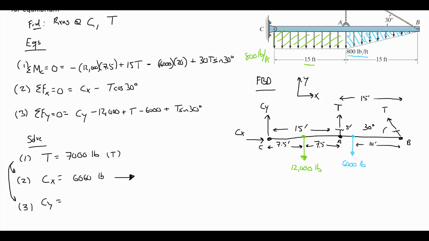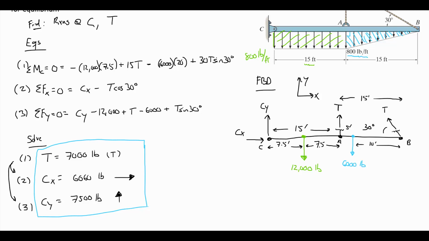So Cy, I get 7,500 pounds. And again, it's external, so I do want to indicate its proper direction. I get positive 7,500. I assumed positive up in my picture, so indeed it is pointing up. So I got my 2 reaction components at C, and I got the tension in the rope, which is what I was asked to find.